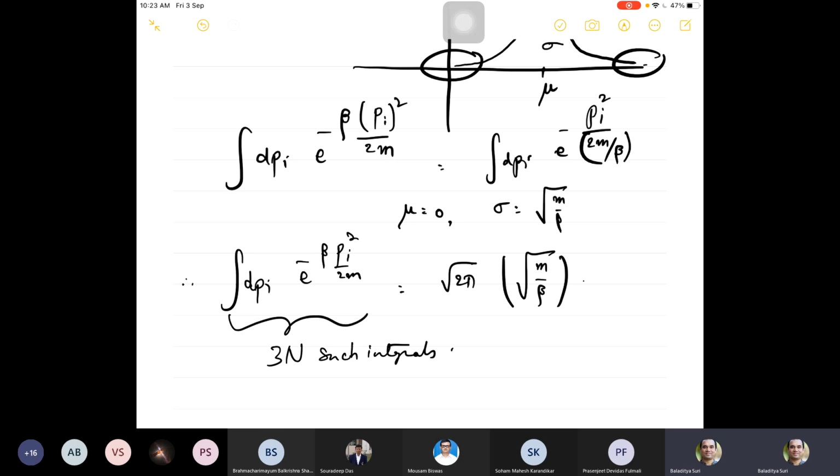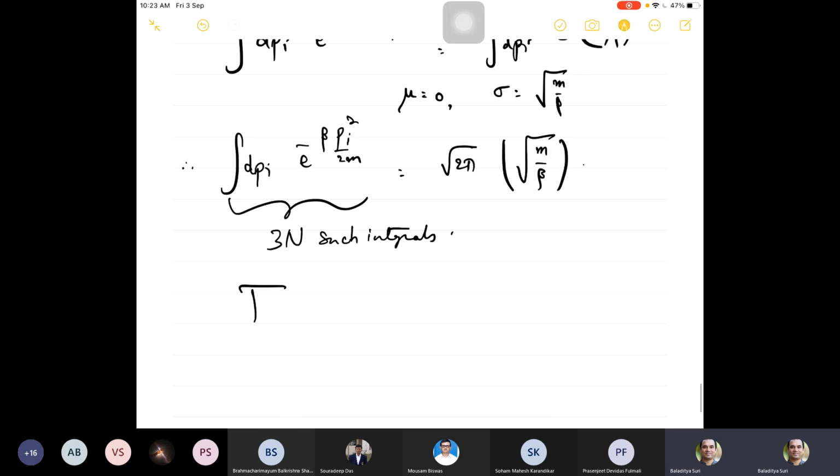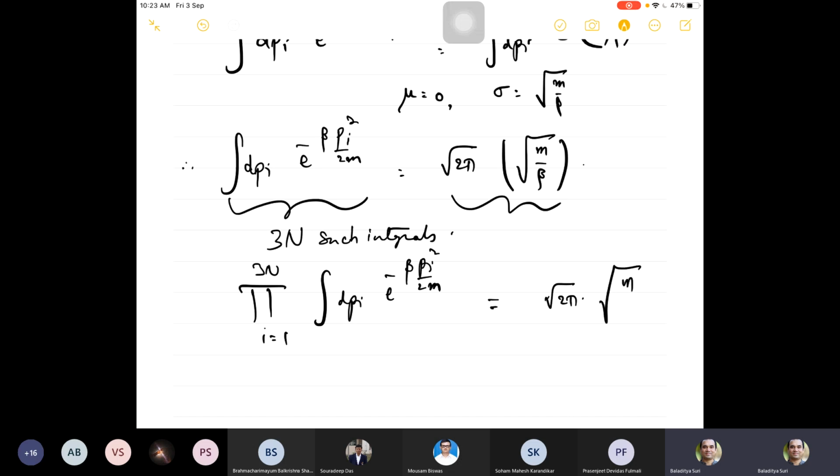Therefore, the product over i going from 1 to 3N of integral dp_i e to the power of minus beta p_i squared by 2m is nothing but this factor raised to the power of 3N. So square root of 2 pi square root of m by beta, to the power of 3N. Is that clear?